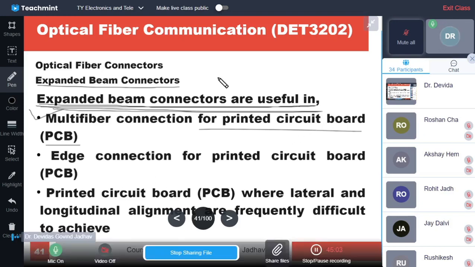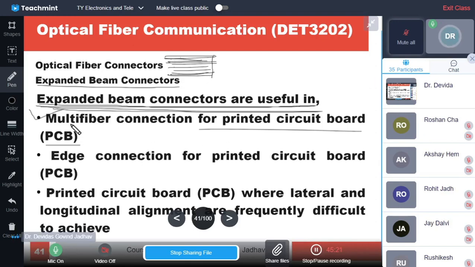So there is a ribbon of fibers: one fiber, second fiber, third fiber, fourth, fifth, sixth, seventh, 10th, 11th, up to the 64th fiber. This is a ribbon of fibers.